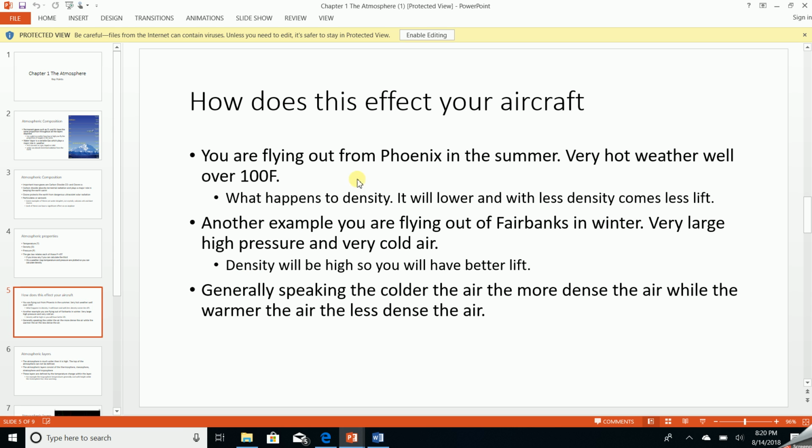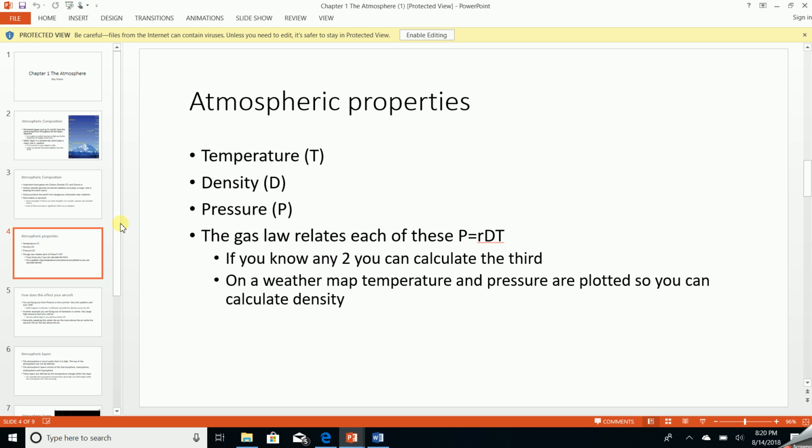So suppose you're flying out in really hot weather out of Phoenix. It's going to make a heck of a difference on the density. If your temperature is really high, then you're probably going to have a lower density. If you look back at the gas law property there, if this is really big, pressure pretty much stays the same.